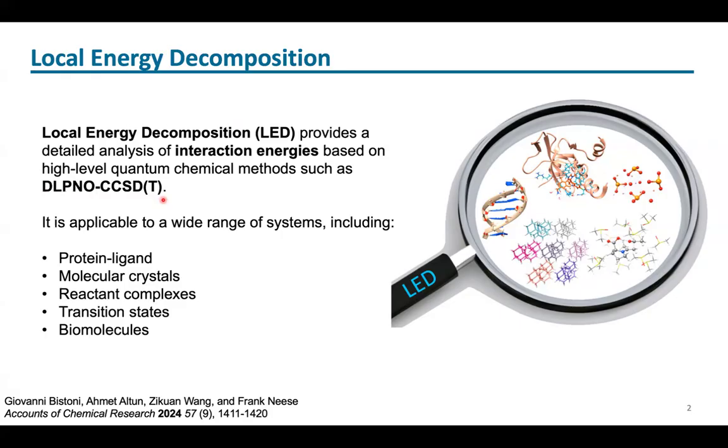LED has already been successfully applied in several areas of chemical research. These include, for example, studying protein-ligand interactions, assessing the origin of the stability of molecular crystals, identifying selectivity-determining interactions in transition states, and many other applications, some of which have been highlighted in this recent account.